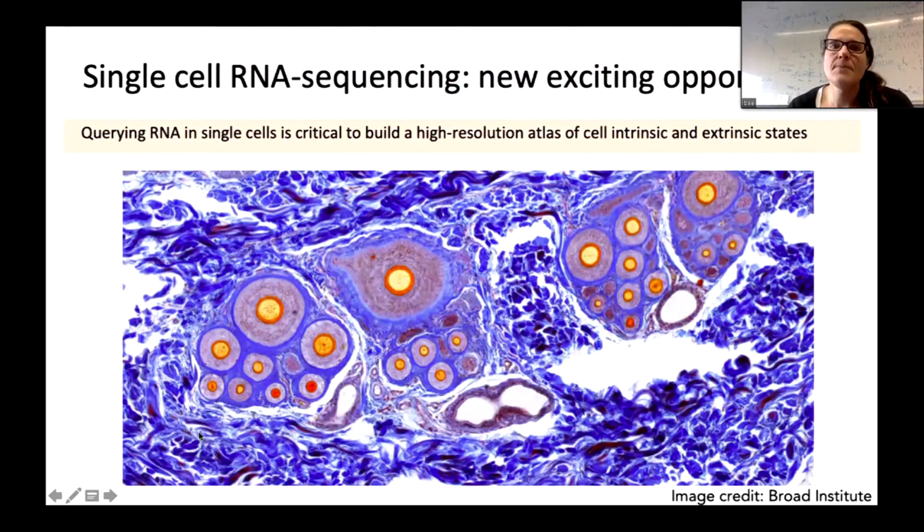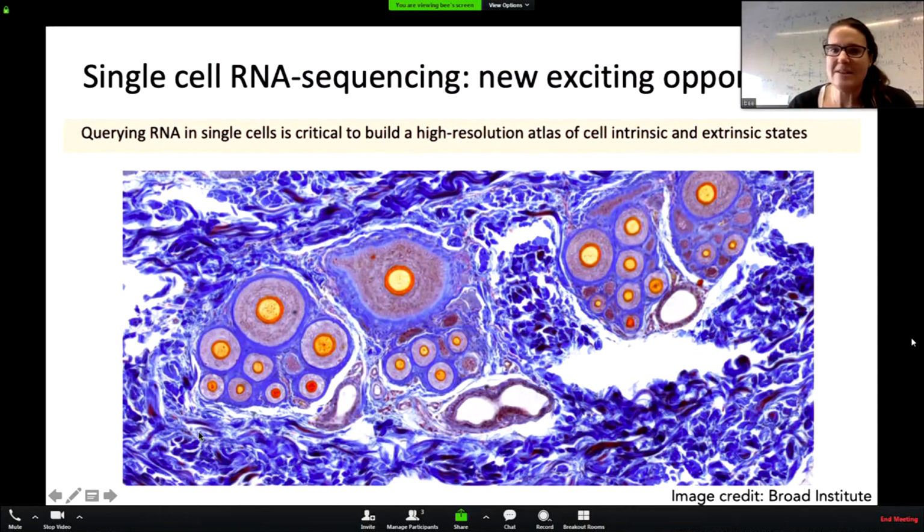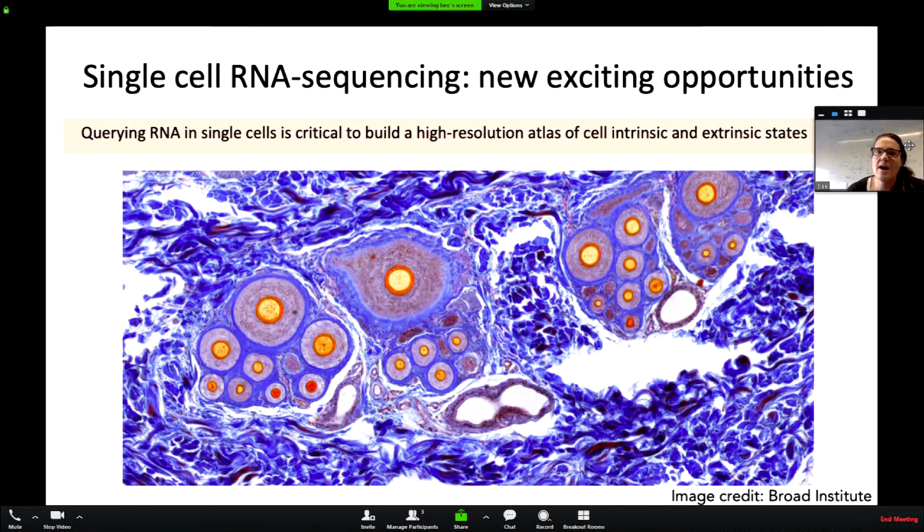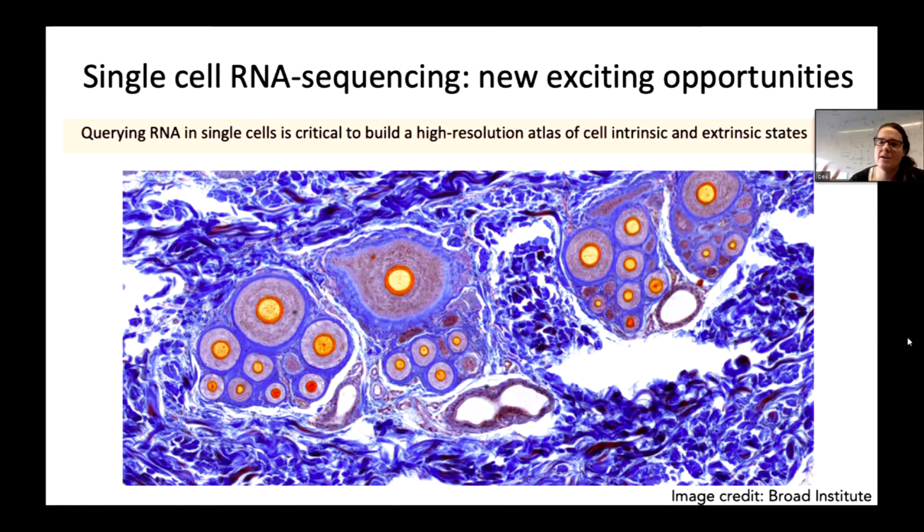Okay, so as we know, sitting in this room, single-cell RNA sequencing opens up a whole bunch of really exciting opportunities to understand how cells work together to create biological functions in tissues and organs and whole organisms as well.